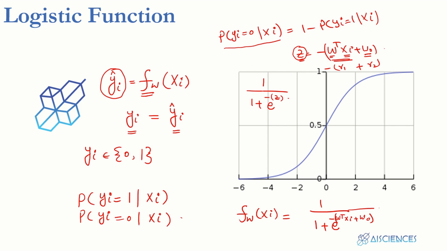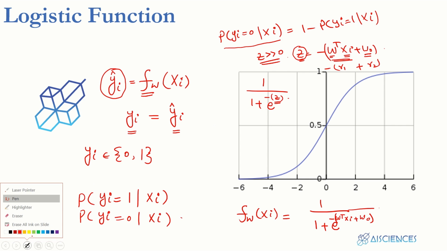So if z is a really big positive number, then e raised to the power of minus a big number will become very small, and 1 over 1 plus a very small number approaches 1. So this function in that case will give values that are very high and close to 1, but will never exceed 1.